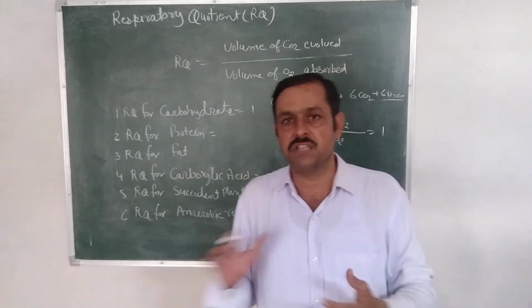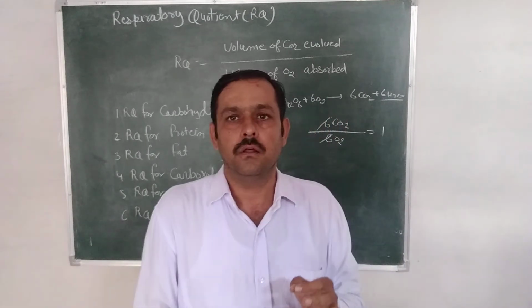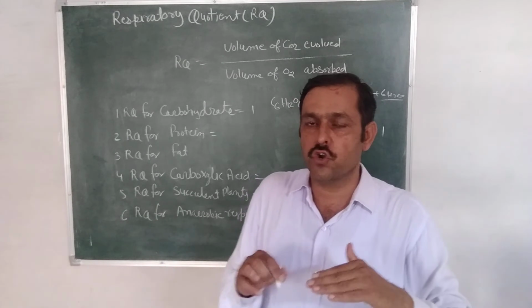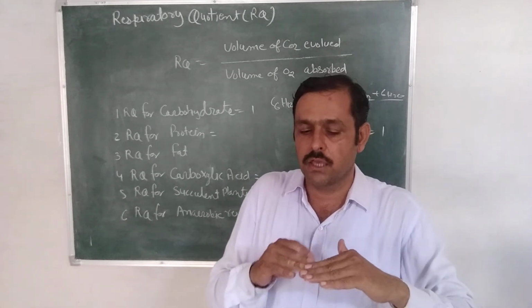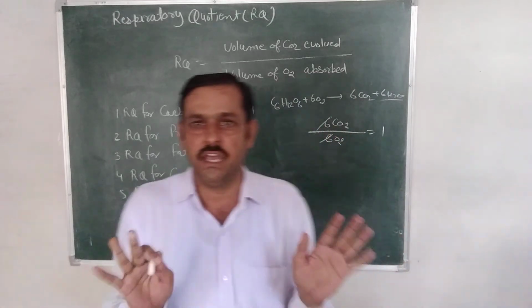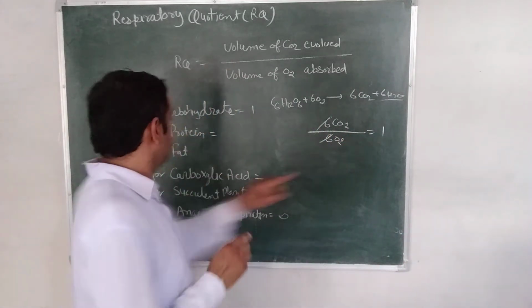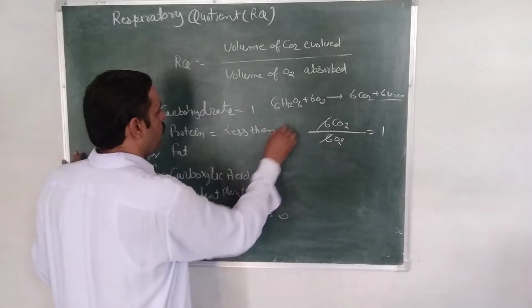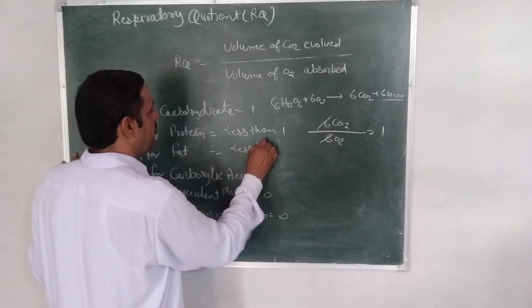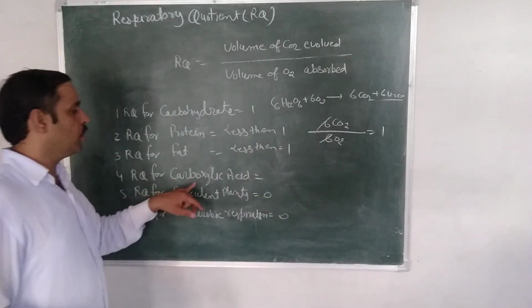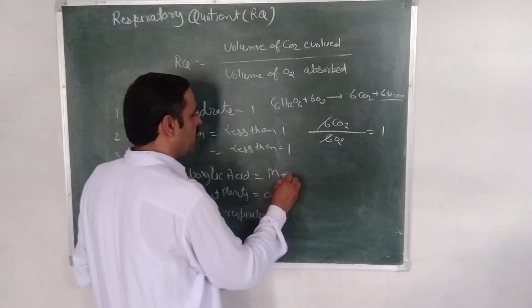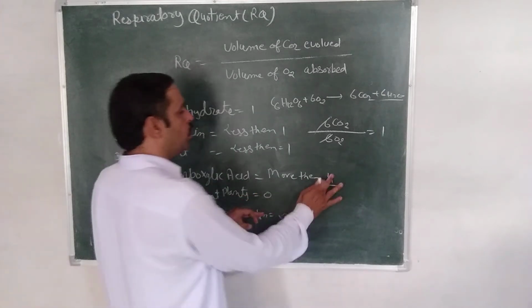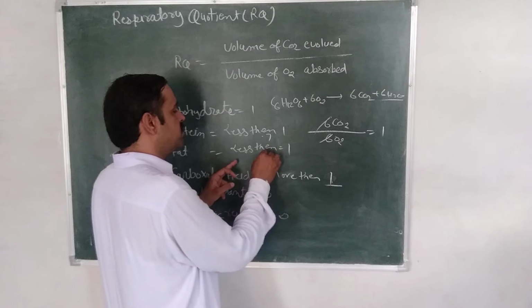The rest of the substances are written on the basis of carbohydrate. Means, compared to the respiratory quotient of carbohydrate, we say more than or less than, that's all. So we only have to remember that carbohydrate is 1. RQ for protein is less than 1, fat less than 1. RQ for carboxylic acid is more than 1. It is 0.7 to 0.9 for others.